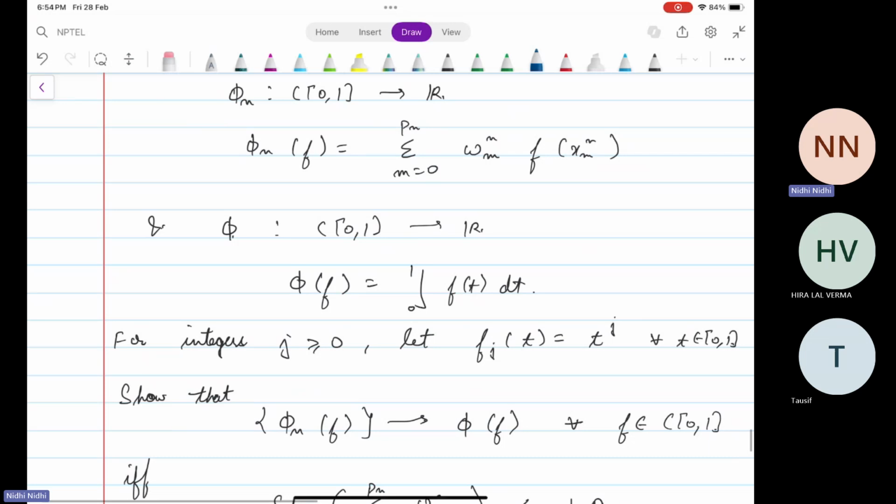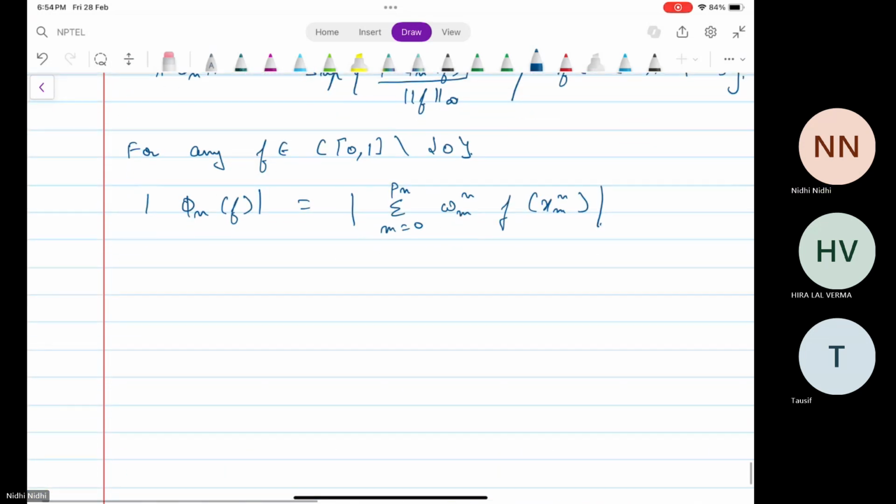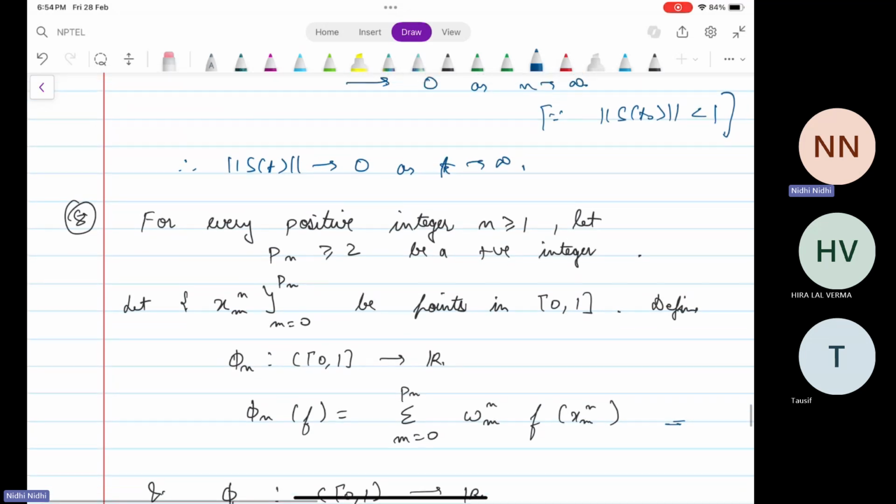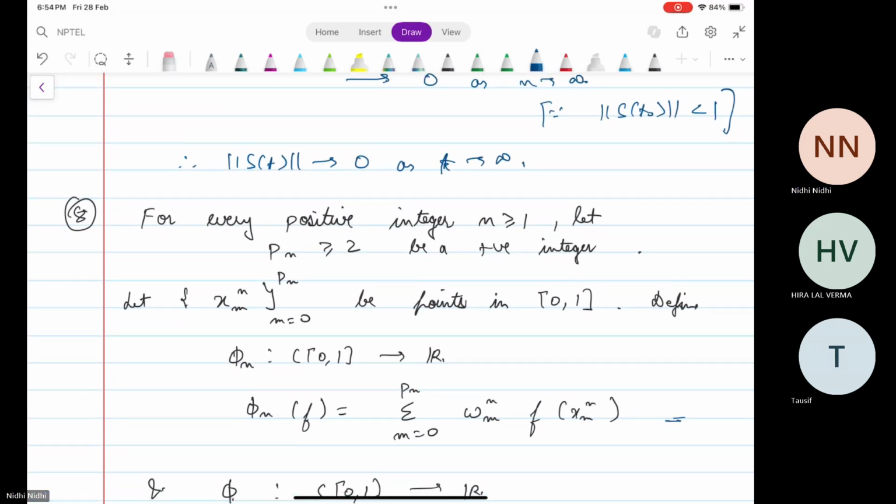Now, since this is a finite sum, and since f(x_mn) is always less than or equal to its sup norm, I can take this outside. So this is summation m from 0 to P_n, and we have this w_mn.